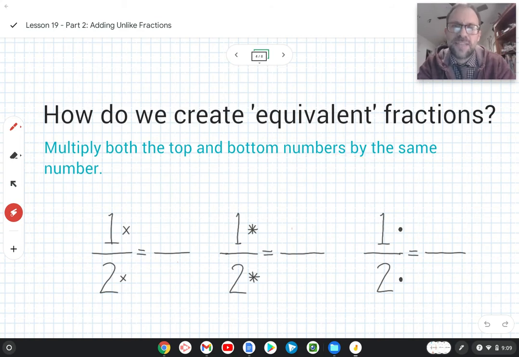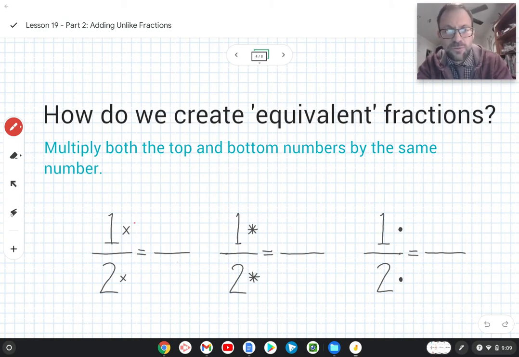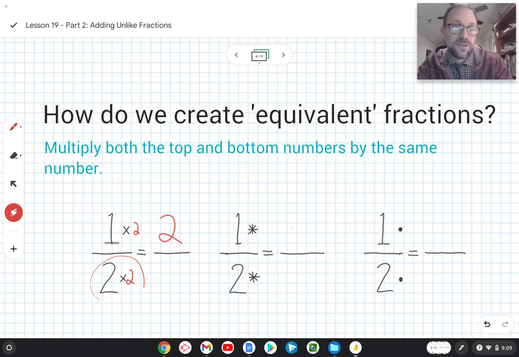So let's look back at the same example, 1/2. If we multiply both the top and bottom number by, let's say, 2, we will create an equivalent fraction. 1 times 2 is 2, and 2 times 2 is 4, and 2/4 is equivalent to 1/2. Let's try it again.